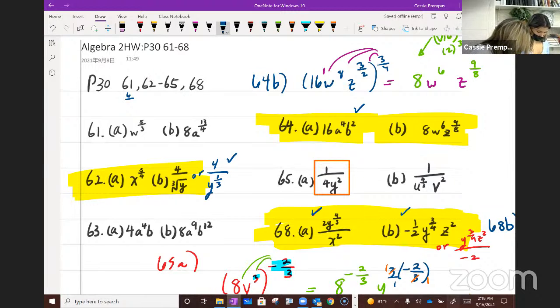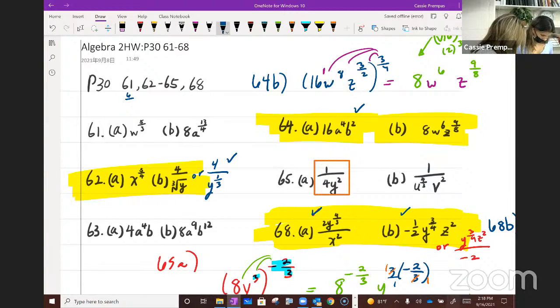Which one is this? 68. Yeah. But I think you started combining the x's and the y's, because x would move to the bottom. It would be x squared on the bottom. And then this y, you'd move to the top. And then when multiplying two numbers with the same base, you'd add the exponents. So you'd have to do 1 plus 4/12. This one you would bring to the bottom.